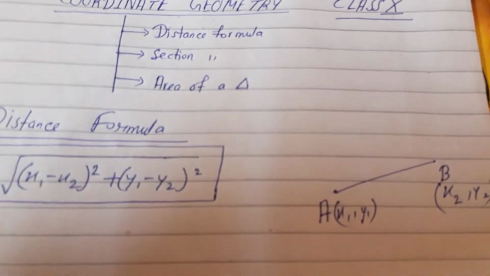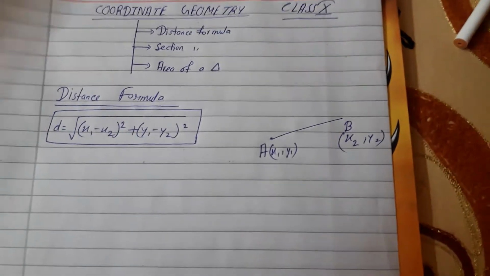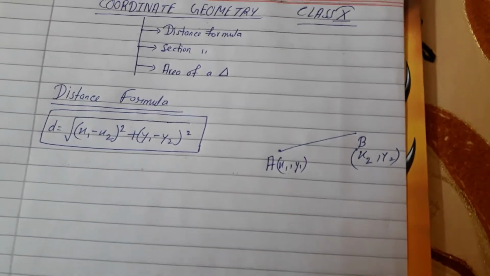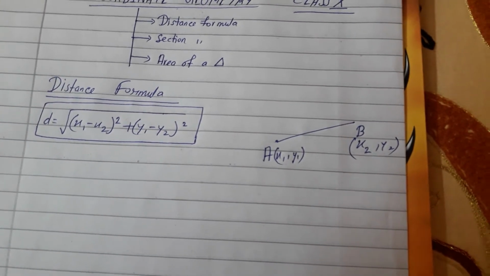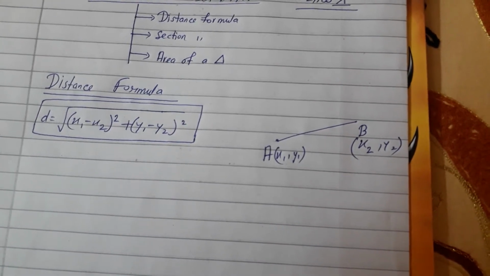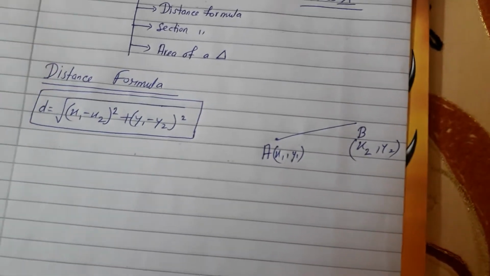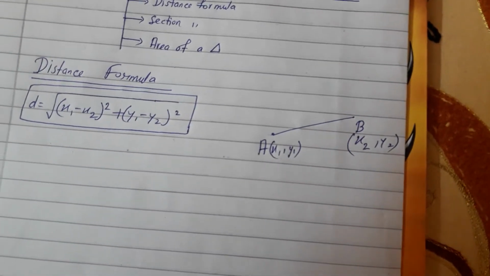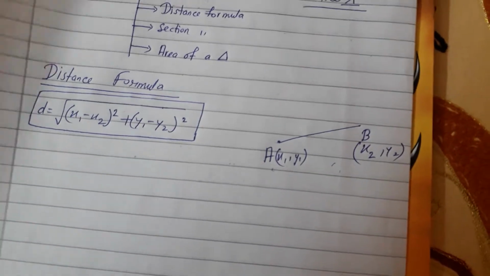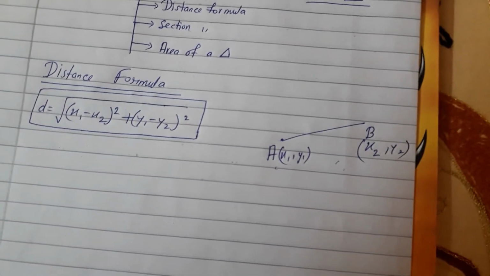Now the question from the distance formula can come this way: two points are given and you have to find the distance, or four vertices of a figure are given, then you have to find the distances between the vertices and tell about the figure. For example, four points are given to you and you have to show that they are the vertices of a rectangle.